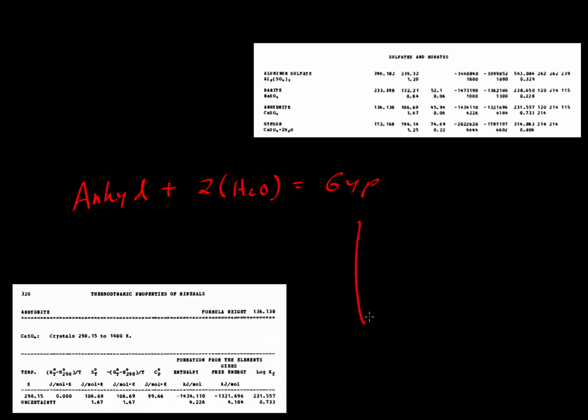So if we look at the Gibbs free energy, and we have gypsum over here, and then anhydrite plus water over here, the Gibbs free energy of gypsum is going to be less than the Gibbs free energy of anhydrite plus water. So what is that difference? Well, that difference in energy is about 1,300 joules. What it means is that if we have a system that's sitting over here, it should spontaneously make its way over that activation energy barrier, however small or large it might be, and then end up in this lower state.